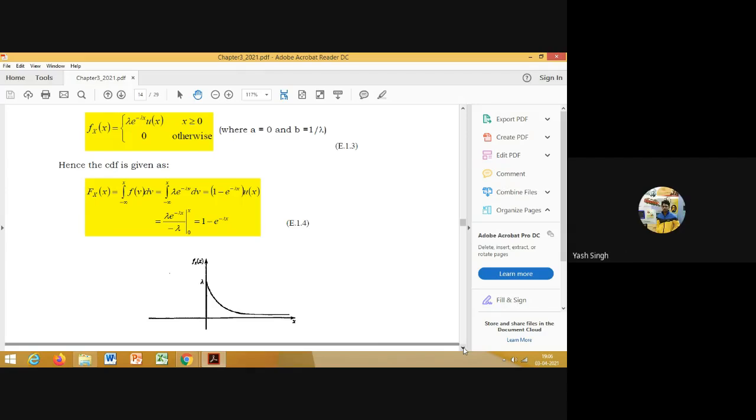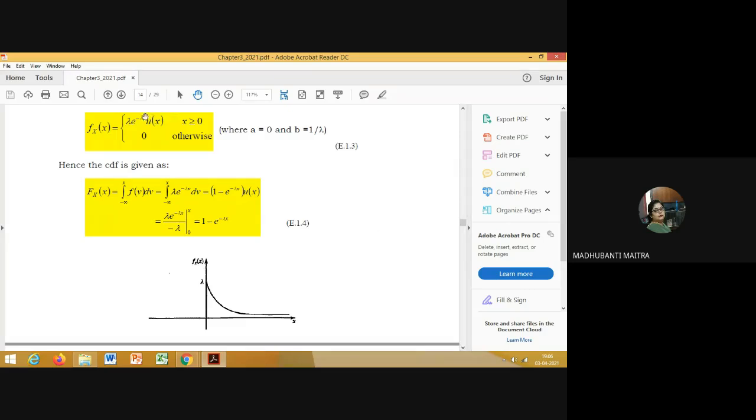No, ma'am. So in this case, x is valid from 0 only. So the limit of integration will be 0 to infinity of x f(x) dx, right?